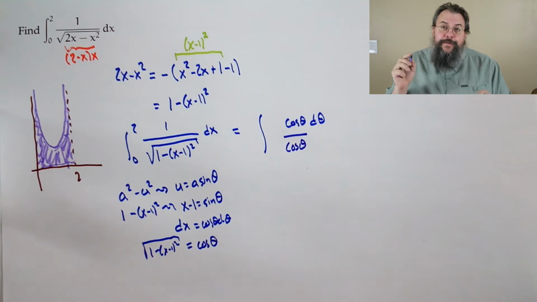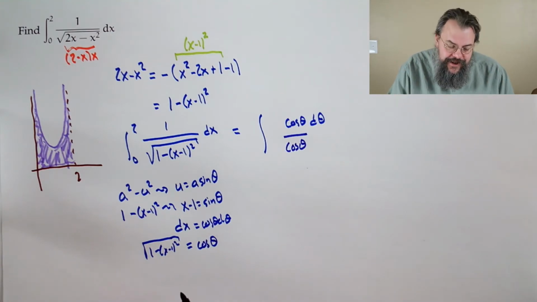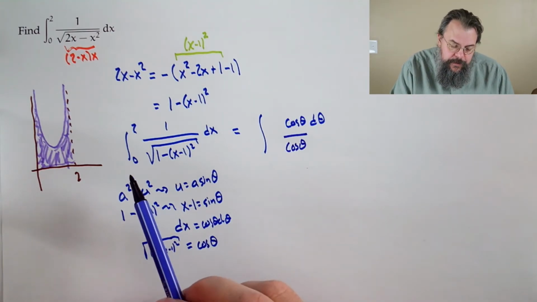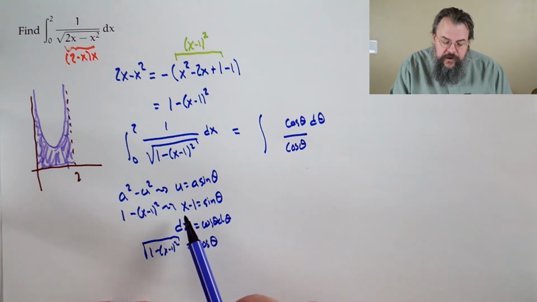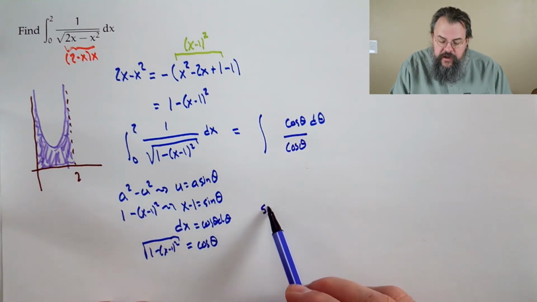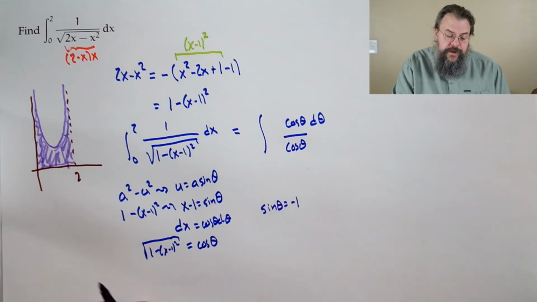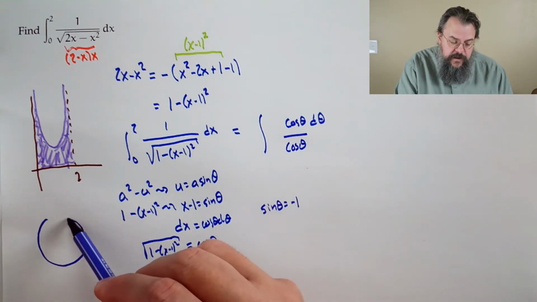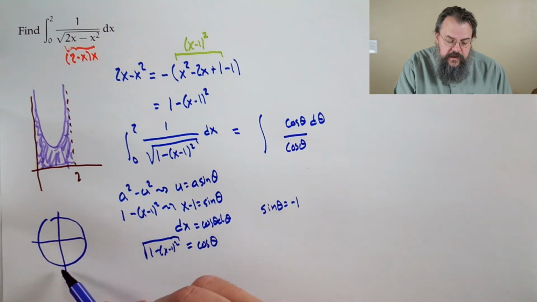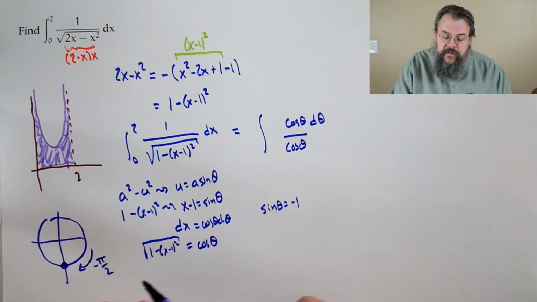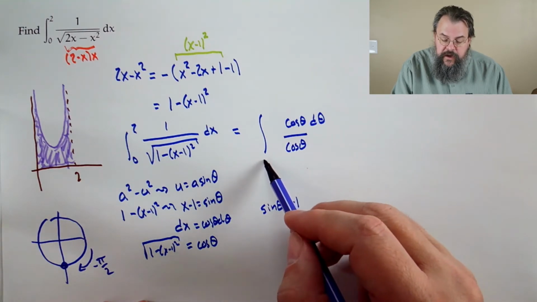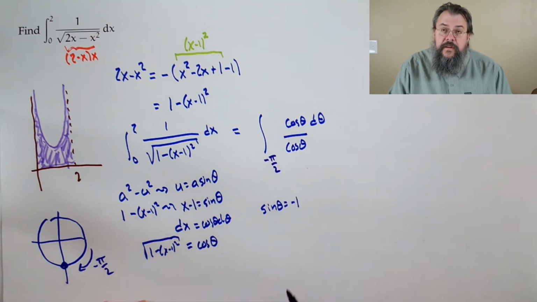Now, what about our bounds? When we plug in 0, 0 minus 1 equals sine theta. So when does sine theta equal negative 1? If we think in terms of the unit circle, sine is our y value, so that would be at negative pi halves. So our lower bound is negative pi halves.